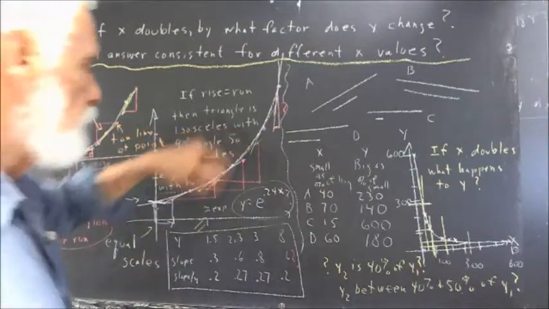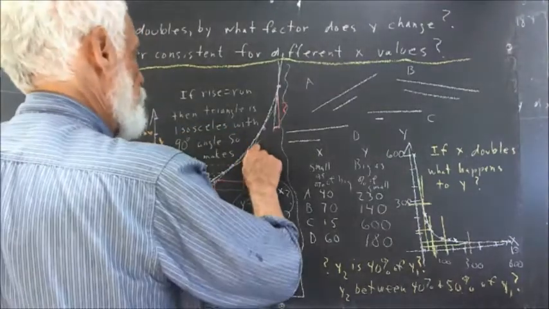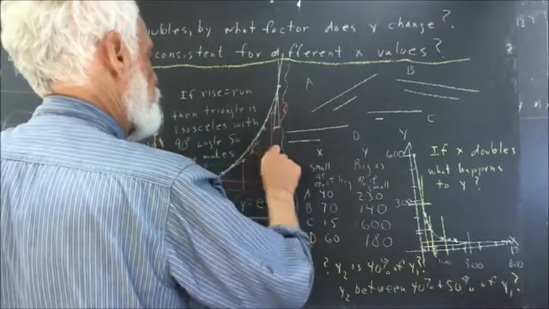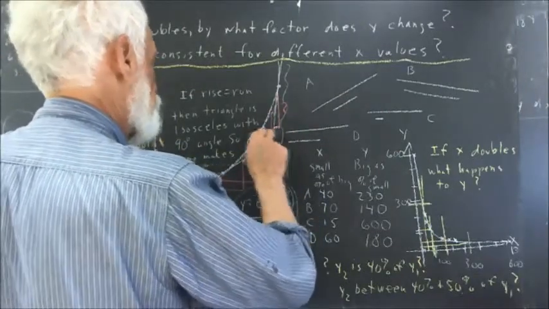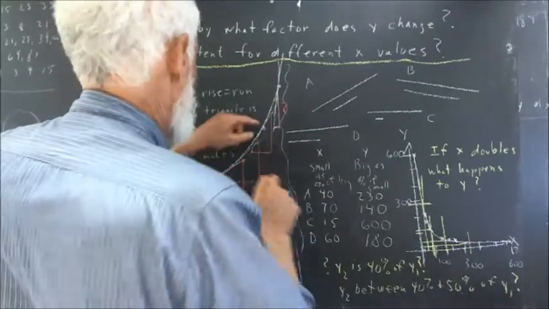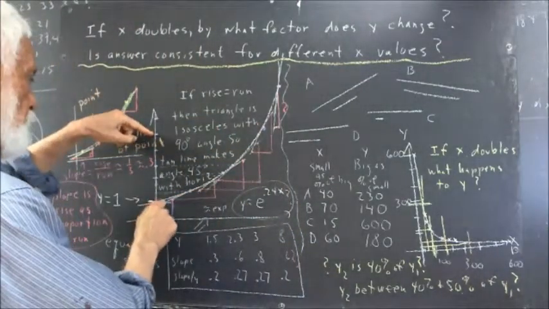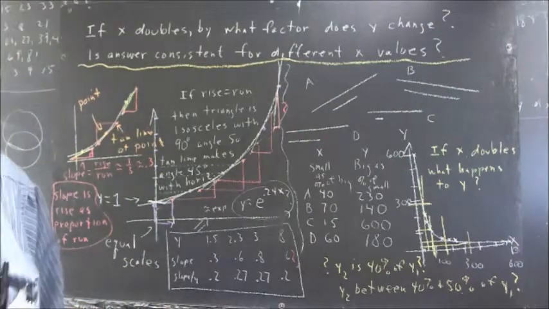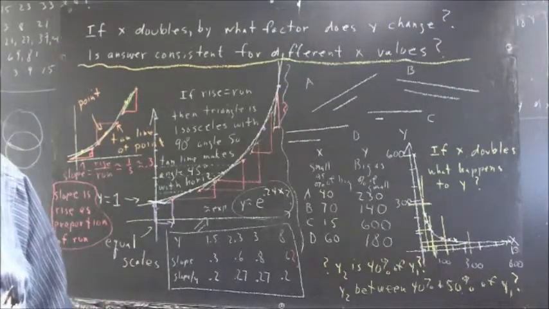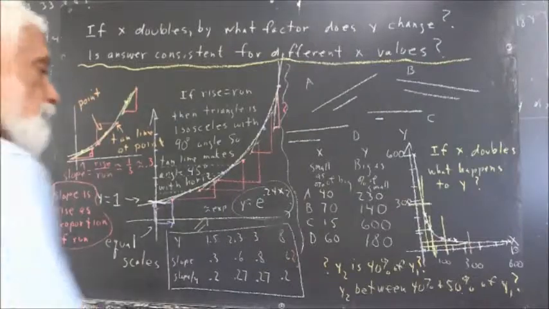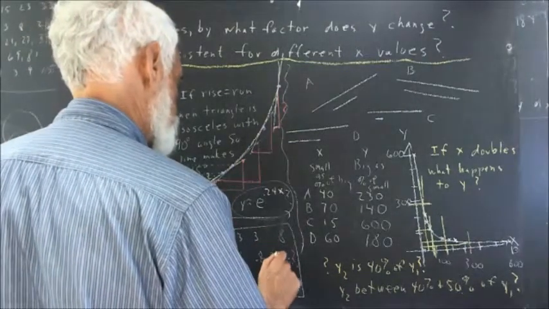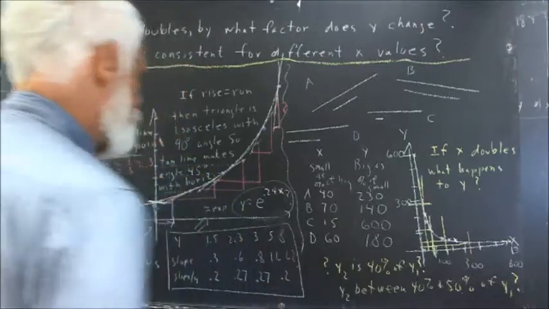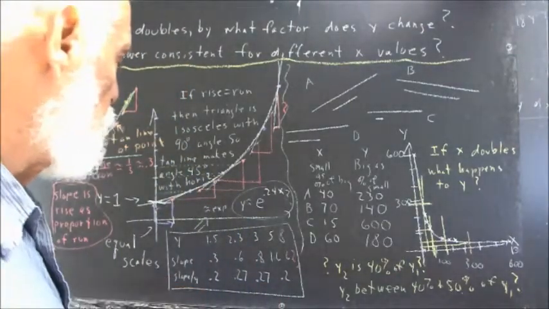Now we could always go to this point, and I estimate that the slope here is about 1.6, and the y value at this point is about 1, 2, 3, 4, 5. So I could say maybe there's a point there, find a piece of chalk, where the slope is 1.6 and the y value is 5, and then the slope divided by the y value.